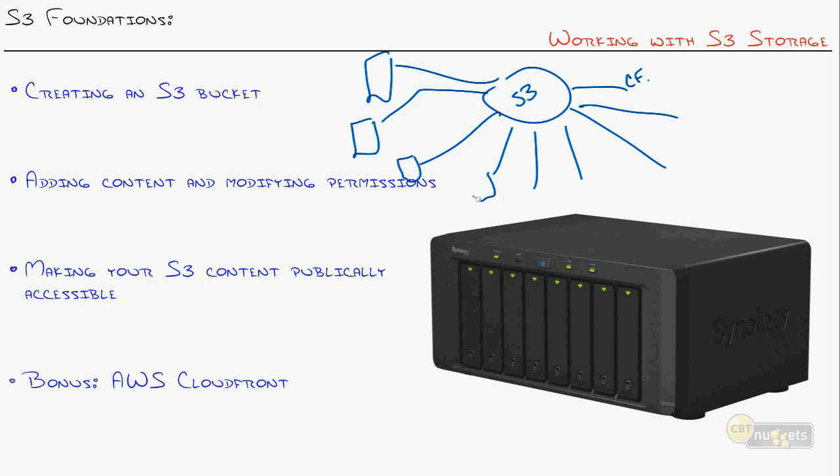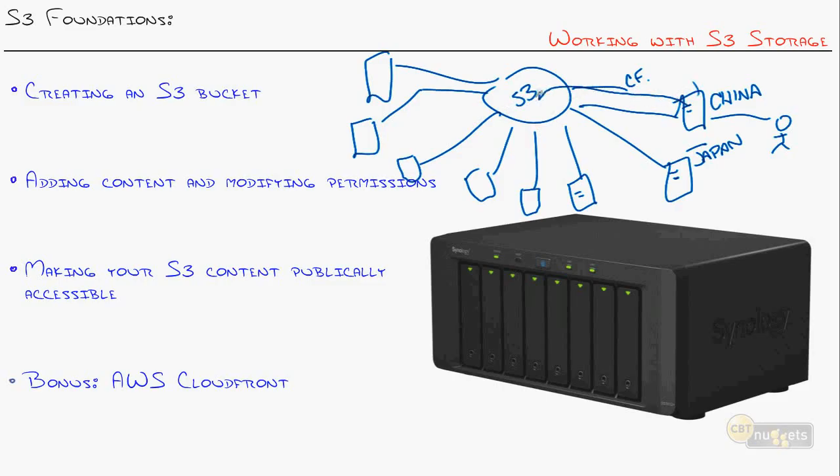as it's being accessed. So, for example, let's say we've got a server out here in Japan. I'll just use that for one, and then over here is a server in China. The very first time a user in China accesses my web content, that China server is actually going to go to my S3 bucket all the way back here in America.